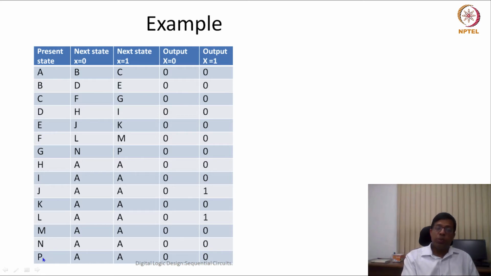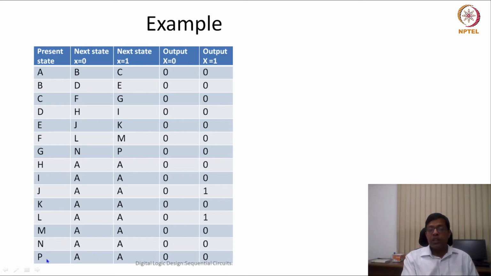Similarly for P, if the input is 0, then the next state is A, and if input is 1, then also next state is A, and output for both the cases is 0. So that means P and N should actually be the same state. We don't see any difference between these two rows.